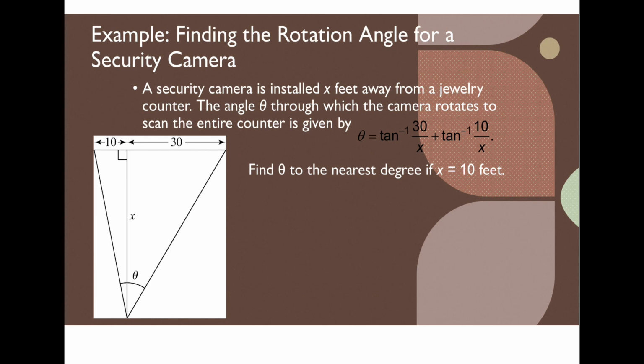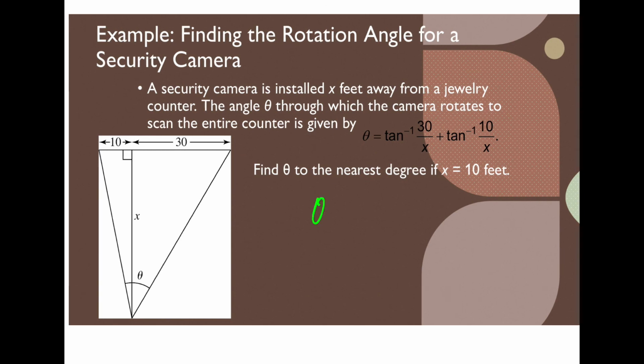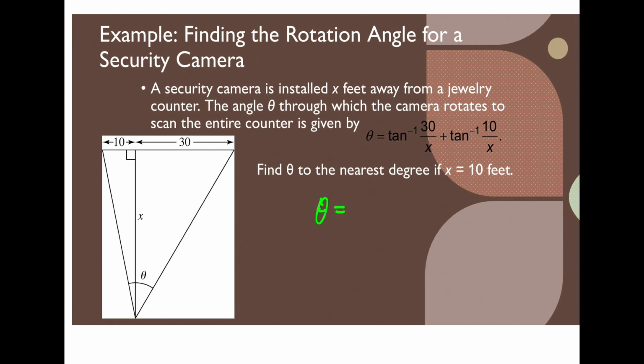So this is really just a matter of plugging this in here. Theta, the combined angle, is going to be tan inverse of 30 over 10 plus arctan of 10 over 10. So really, we have the arctan of 3 plus the arctan of 1.